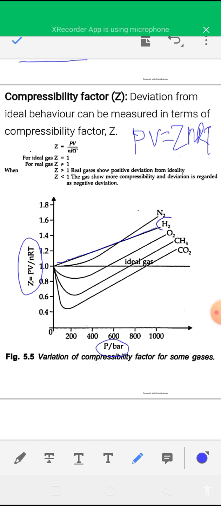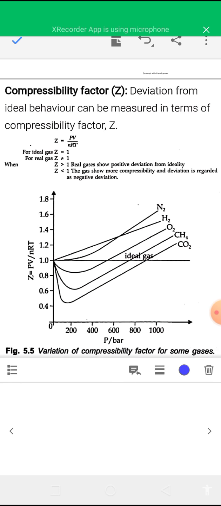For a few gases like CO2, CH4, O2, the value of Z first decreases with pressure and then increases. And for ideal gas, the Z versus P graph is this straight line.